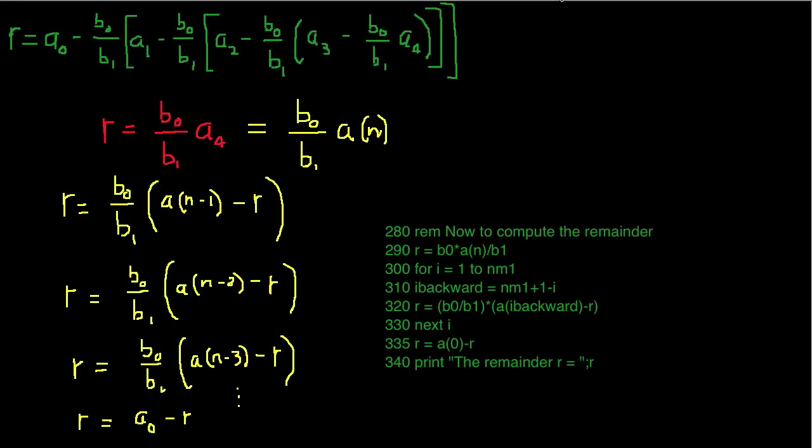The final step in writing our computer program is to evaluate the remainder constant after we do the division of the polynomials. If you recall, the formula that we had developed for computing this remainder is shown right here in this expression on the top in green.